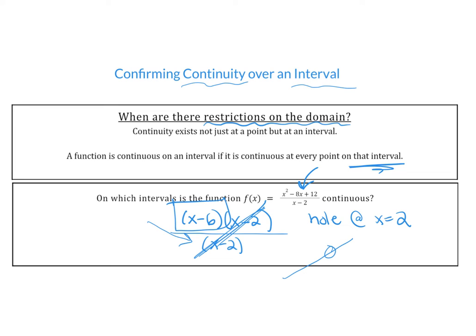So this function is continuous from negative infinity all the way up to 2, but it doesn't include 2, and then it also goes from 2 to positive infinity. So this is the interval that the function is continuous.